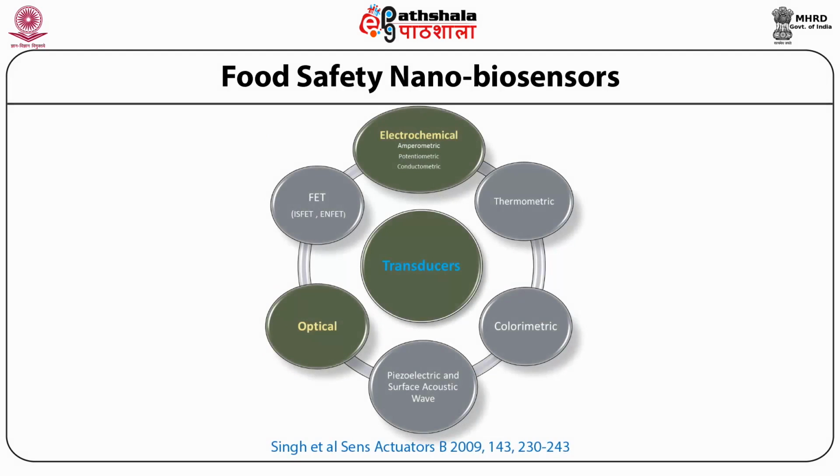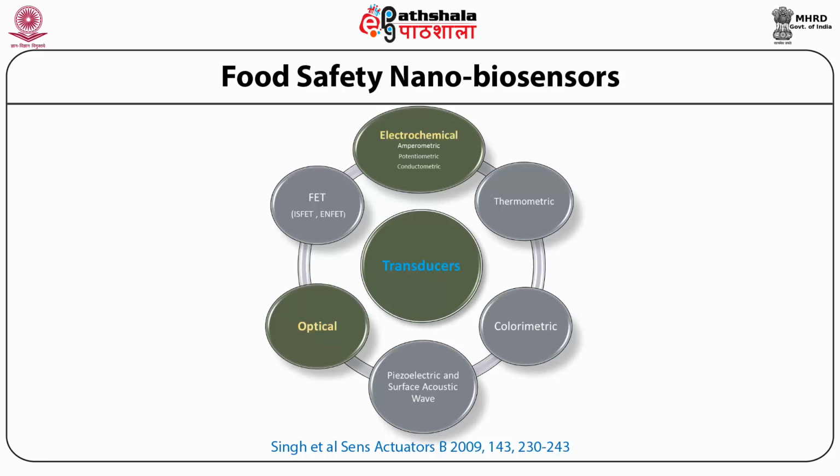Since we're talking about biosensors, it is important that the biological component of the biosensor is in close communication with the transducer. There are different classes of transducers used in biosensors. These are electrochemical; thermometric, wherein a change in temperature is detected; colorimetric, if there is a change in color visible to the naked eye; and piezoelectric and surface acoustic wave transducers, which are typically physical transducers which detect a change in mass or change in the oscillation frequency of the sensor.